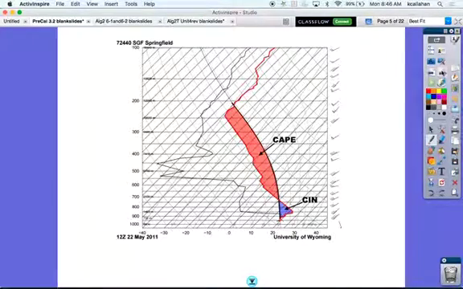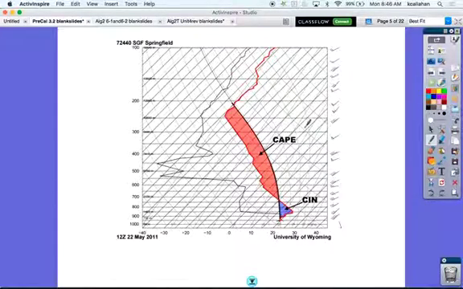Second one. You can see this is what we mean by a logarithmic scale. This is what we call in meteorology a skew T log P diagram. The skew T is because these are temperature lines here in Celsius, 0, 10, 20, 30. But notice they're not going straight up and down. They're skewed. They're going off at an angle like that.